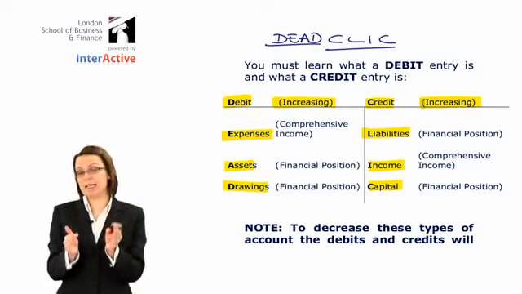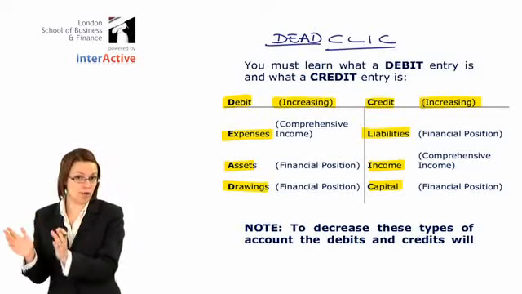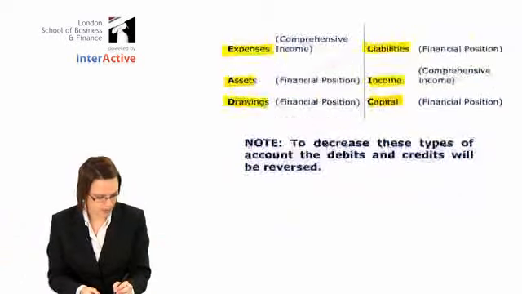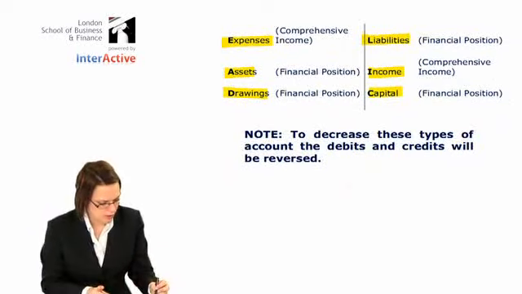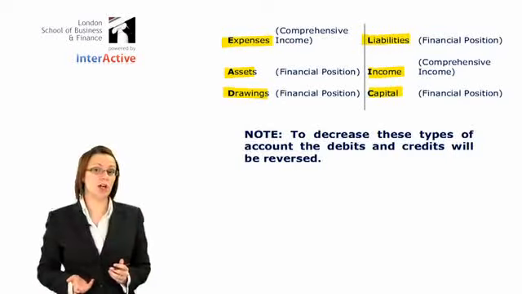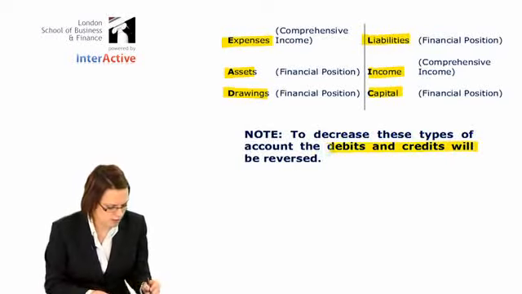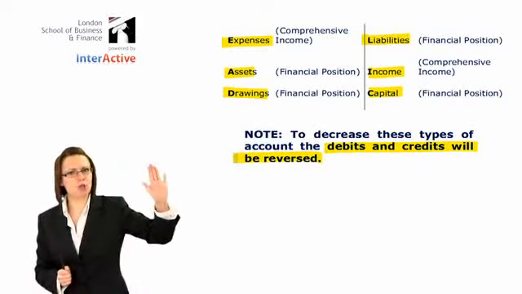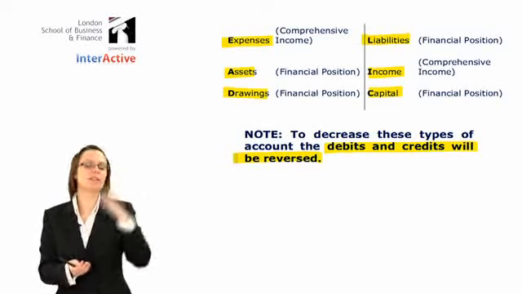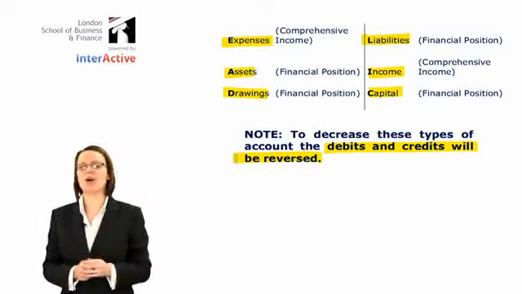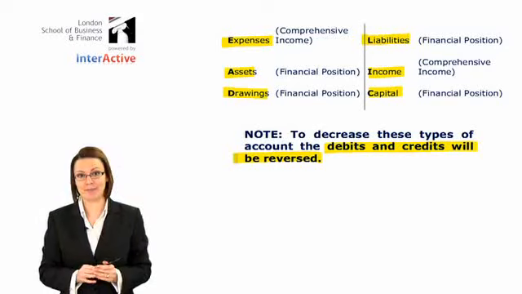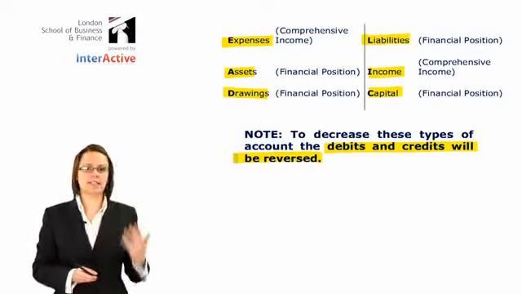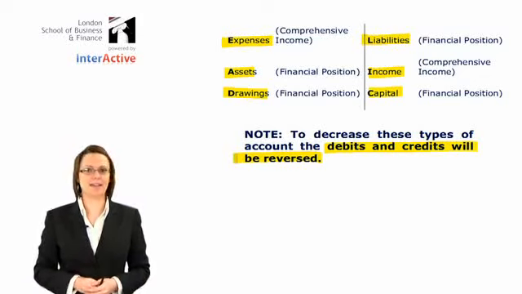If you are decreasing an asset, it would be a credit entry, the opposite. All right, so make sure that you note that to decrease all these different types of accounts, the debits and credits will be reversed. But if you know how to increase an account, then the decrease would be the opposite. And that's why we remember DEAD CLIC. Now we're going to use this DEAD CLIC in our next example, which will be in our next session.